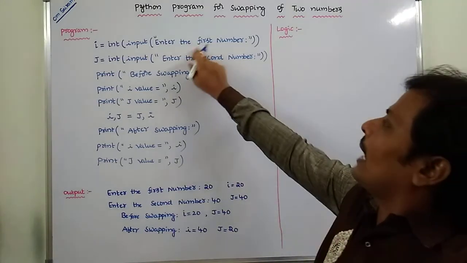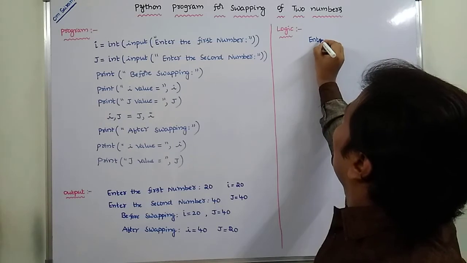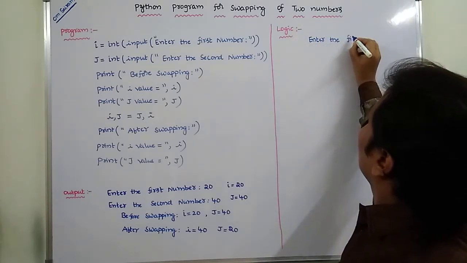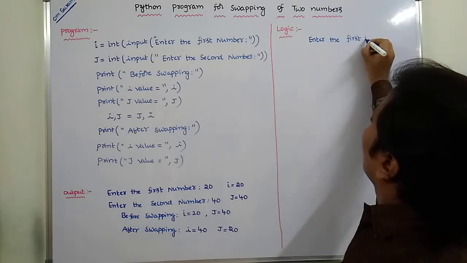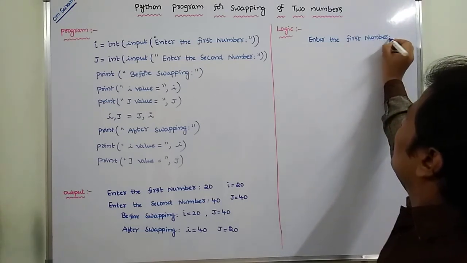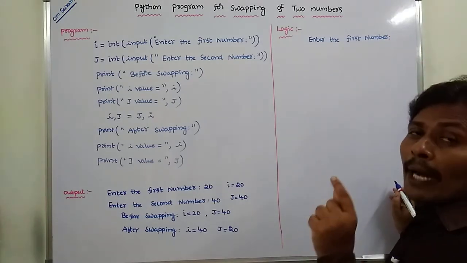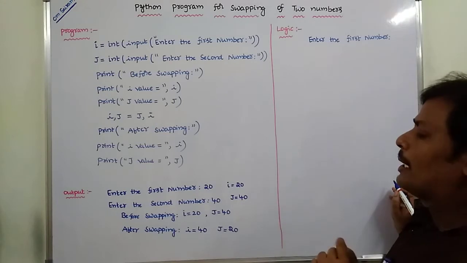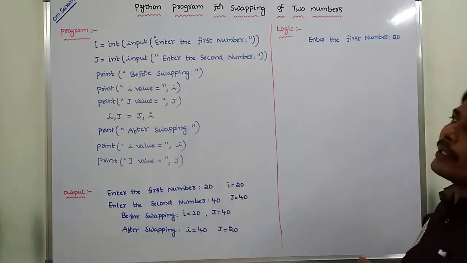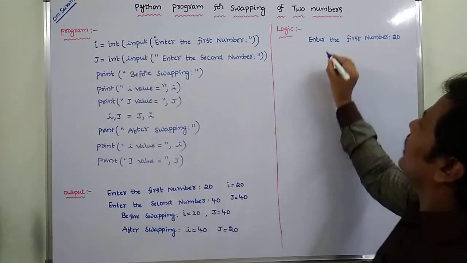First step, enter the first number. This first number value is entered by the user from the keyboard. What is the value we are entering? That is 20. This 20 value is taken by the input function.